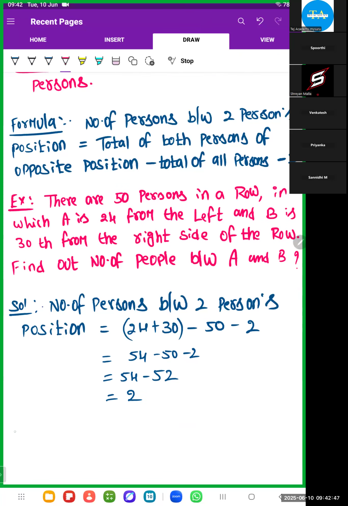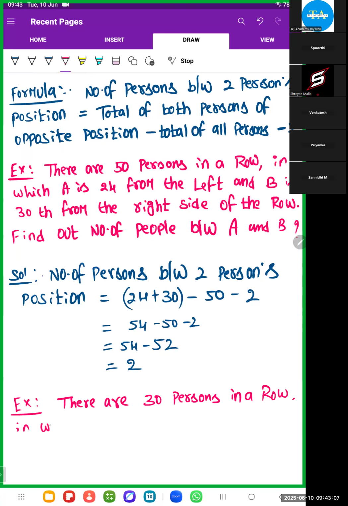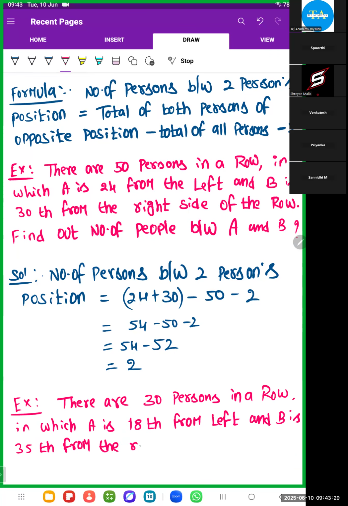So next one more example. Try this one. There are 30 persons in a row, in which A is 18th from the left and B is 35th from the right side of the row.